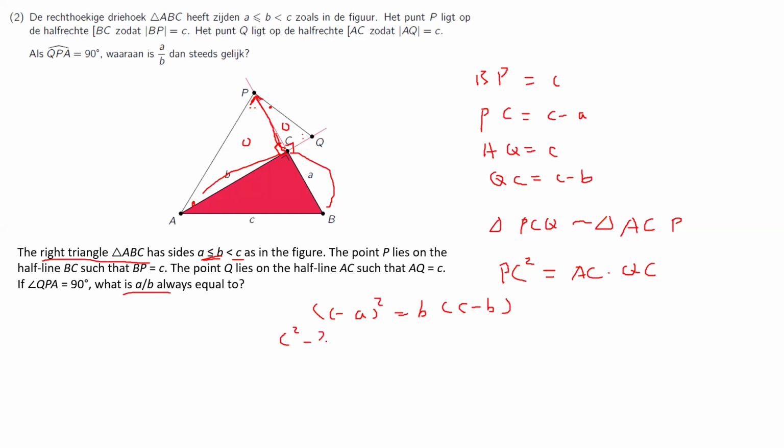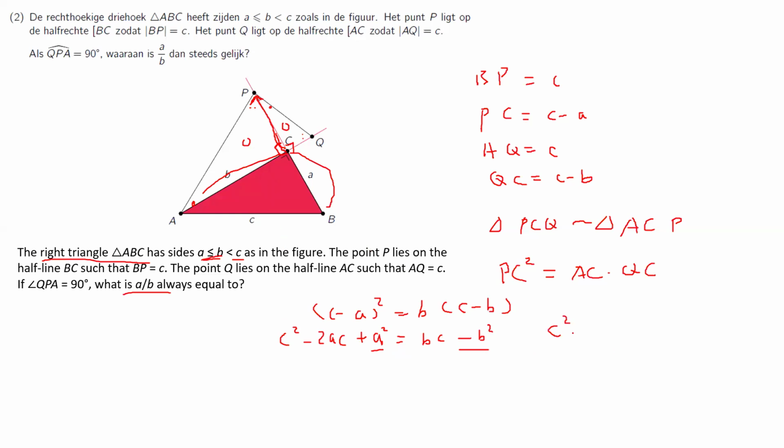c squared minus 2ac plus a squared equals bc minus b squared. And just note that a squared plus b squared is c squared, by the Pythagorean theorem.